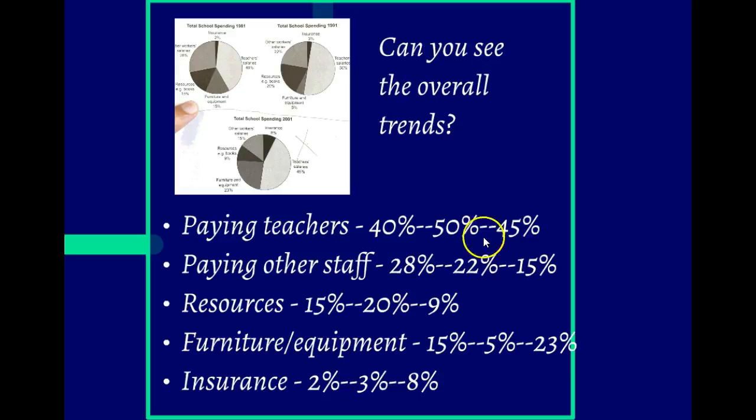And what's the difference from the beginning to the end? 28 to 15%, which is almost half. Resources, especially classroom books, also went down, but with a peak in the middle.